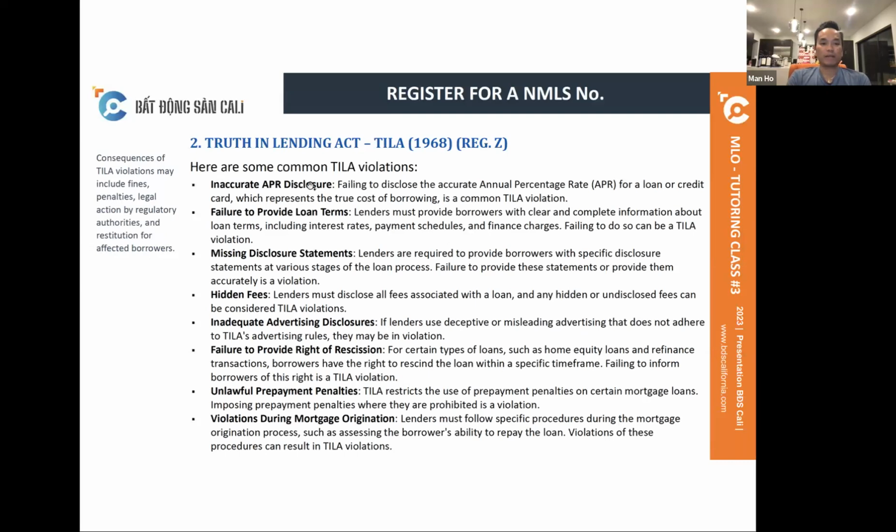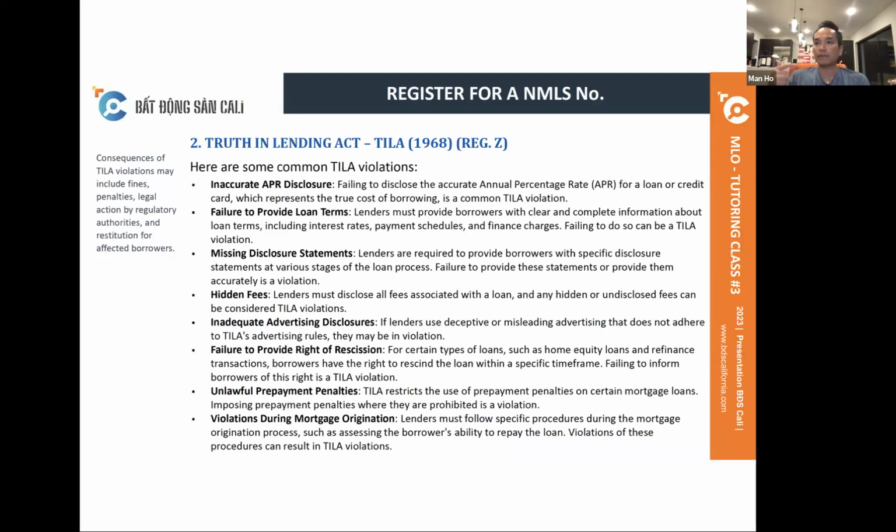Okay, a little bit more about the Truth in Lending Act. Some common TILA violations. These are some of the most common violations, including inaccurate APR disclosure. You have to disclose it, and you have to disclose it correctly. Failure to provide loan terms.